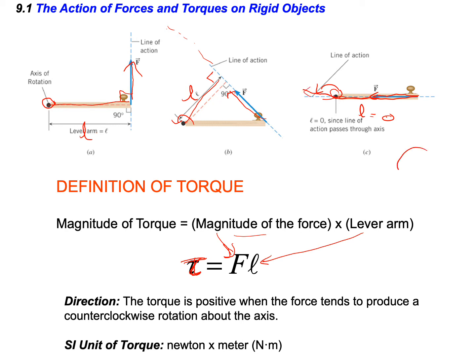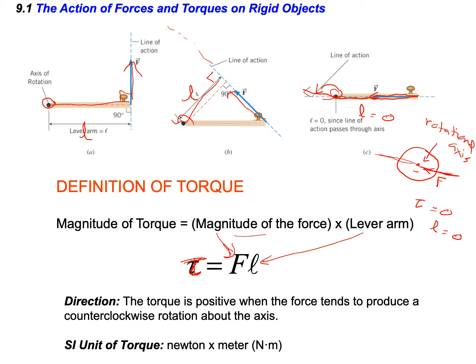For example, say you have a disk with an axis of rotation, and you apply a force along this rotational axis. Your torque is 0 because your lever arm is 0. If you apply a force along the rotational axis, you cannot rotate.